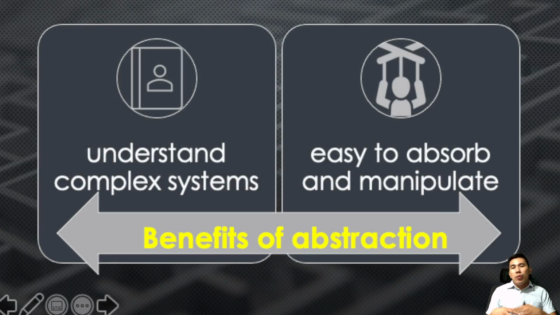Now, what are the benefits of abstraction? First, it helps us understand complex systems. As we all know, there are many different data abstractions in programming. For instance, you want to reverse a specific string.